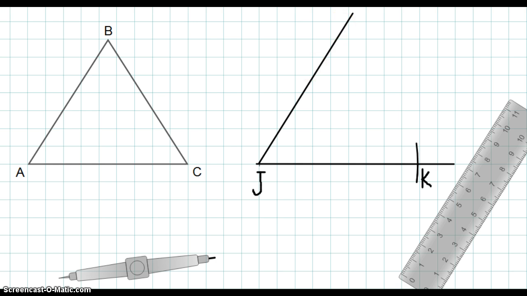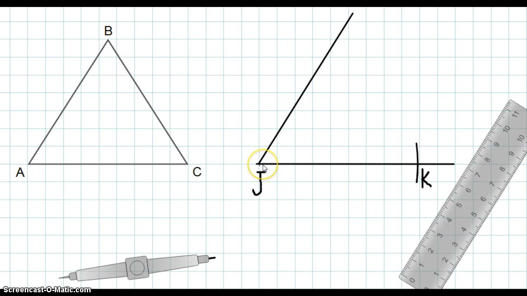But my advice would be, when you are using the ASA way to draw congruent triangles, I would try to draw this line extending from point J a little bit longer, about that long, and you'll see why later.